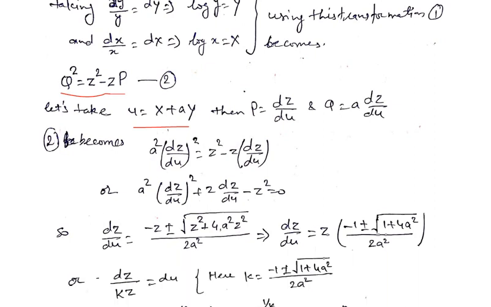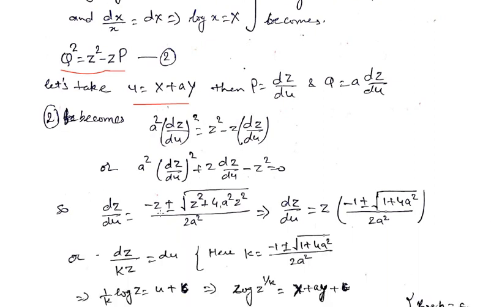So we can find the value of dz upon du, which is minus z plus minus square root of z square plus 4a square z square, upon 2a square, using the formula minus b plus minus root of b square minus 4ac upon 2a. From here dz upon du equals, taking z outside from the numerator, z into (minus 1 plus minus root of 1 plus 4a square) upon 2a square.